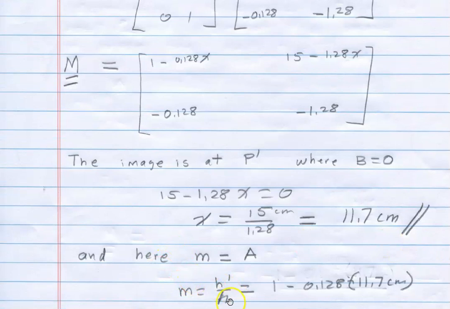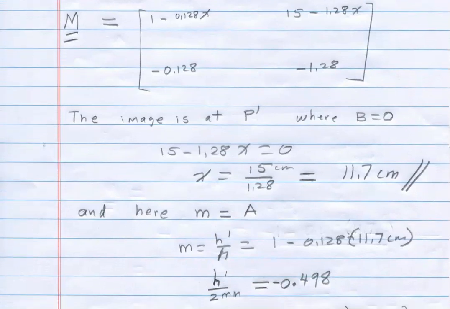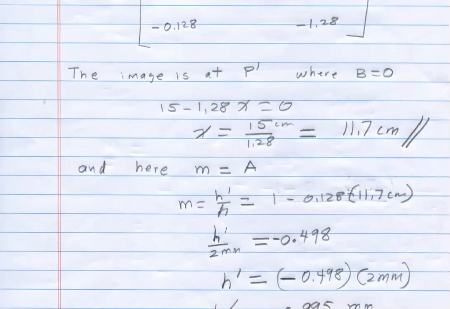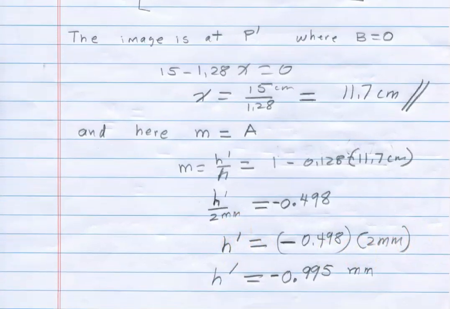And so I know the magnification, h prime over h, is 1 minus 0.128x at the point where the image is, which is at 11.7 centimeters. H prime over h, with h being 2 millimeters, one then gets h prime, and as advertised, it's a reduced image, but it's also inverted.